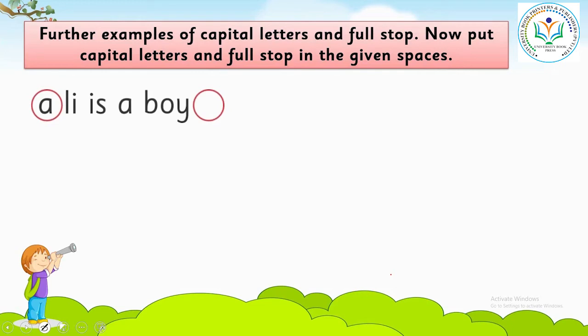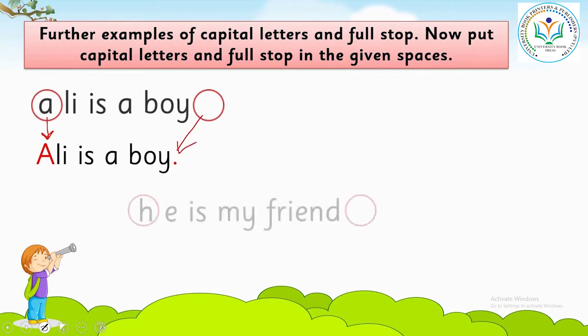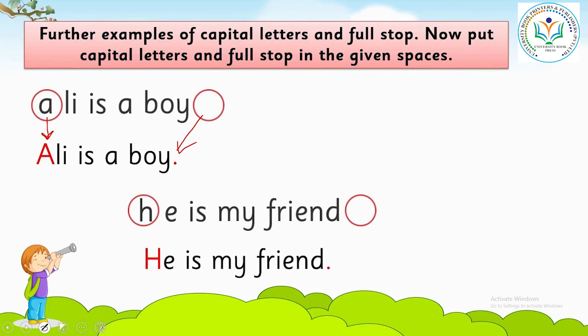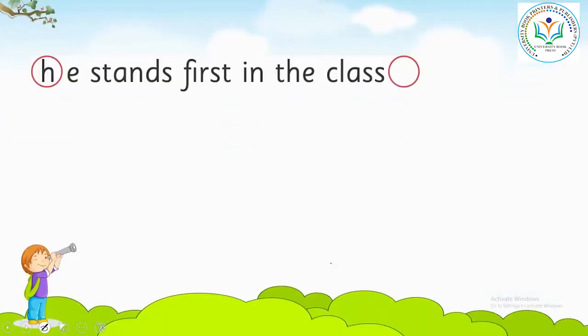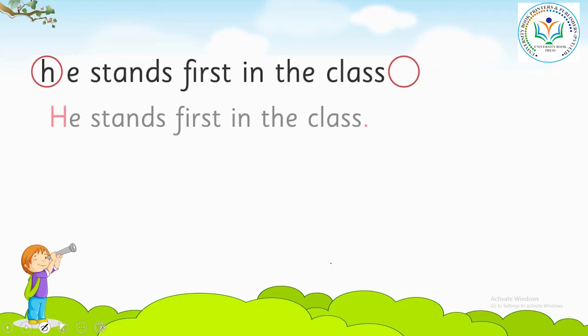The same again, Ali is a boy. So here A should be capitalized and there should be a full stop. He is my friend. So H will be capitalized and full stop at the end of the sentence. Our next sentence is he stands first in the class.